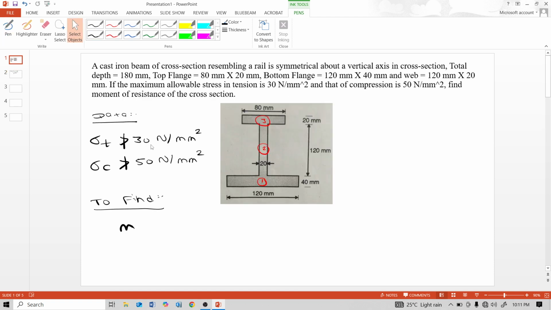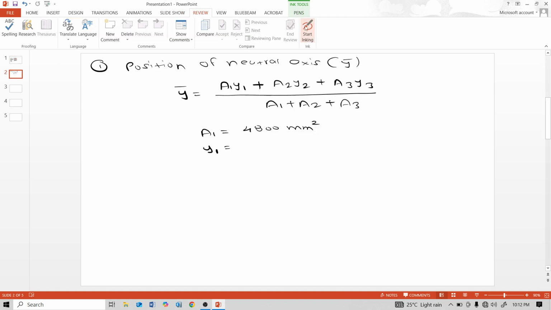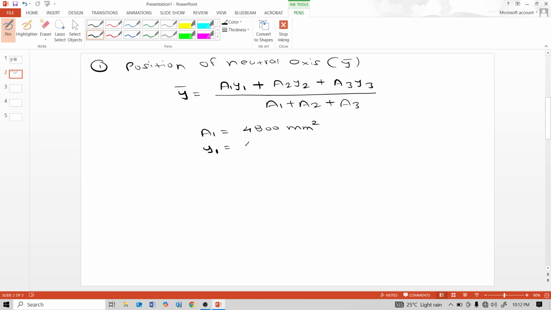Y1 is the neutral axis for only that bottom flange, and the thickness of the bottom flange is 40 mm. 40 divided by 2, 20 mm from the bottom fiber.